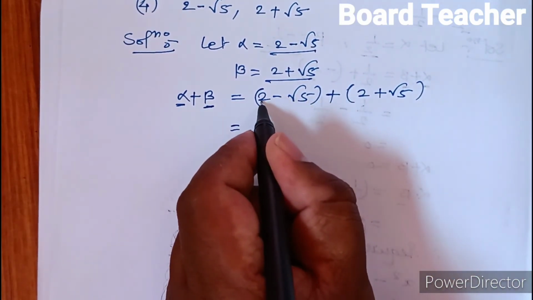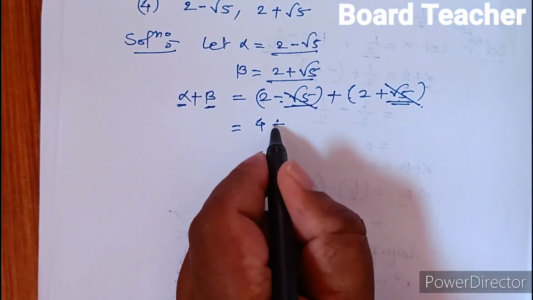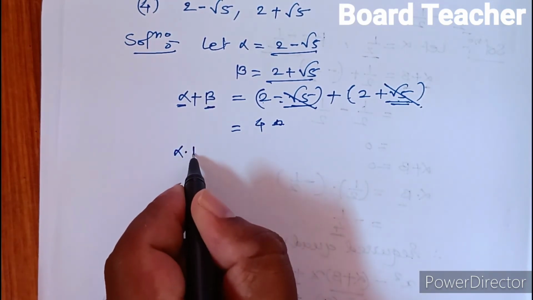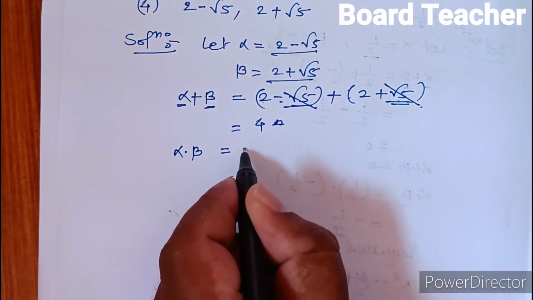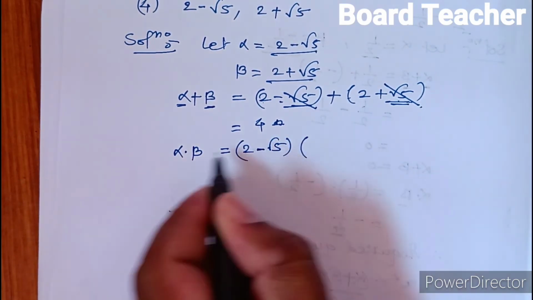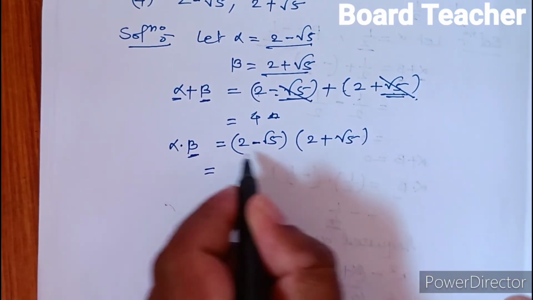Here 2 plus 2 is 4, and minus root 5 and plus root 5 get cancelled, we get only 4. Now the product alpha dot beta equals (2 minus root 5) into (2 plus root 5).